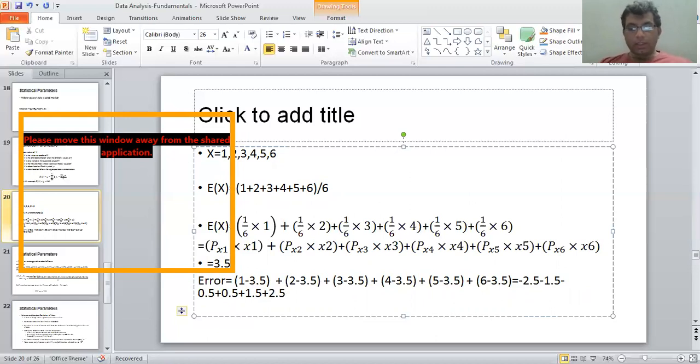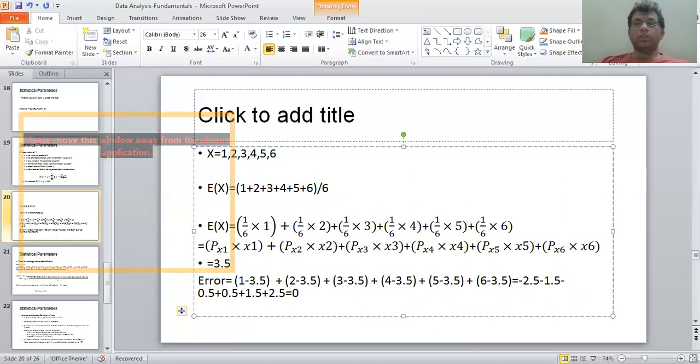So see, if I add them all, I get a value which is 0, and this would be interpreted as the net error being 0.